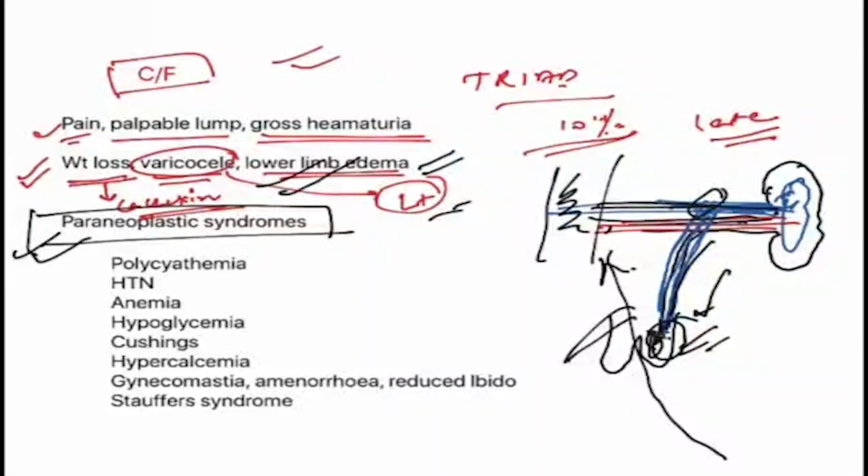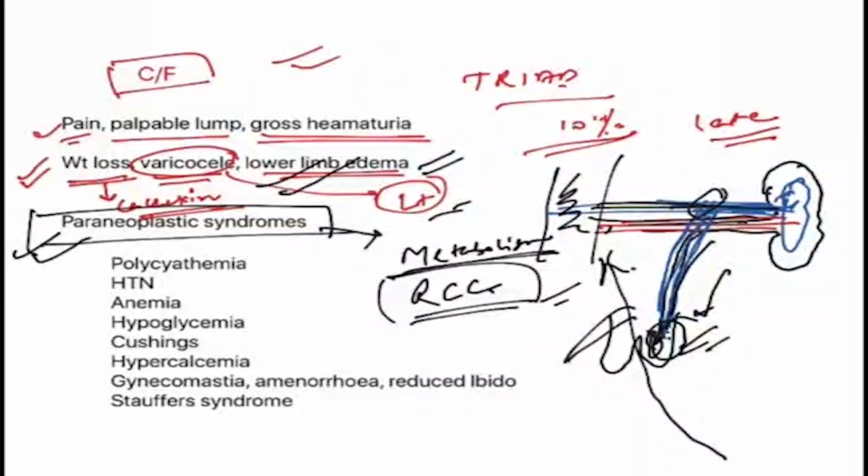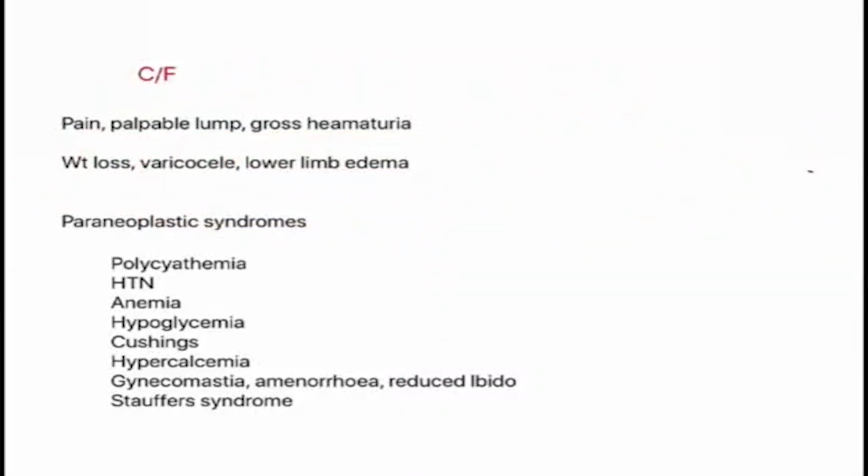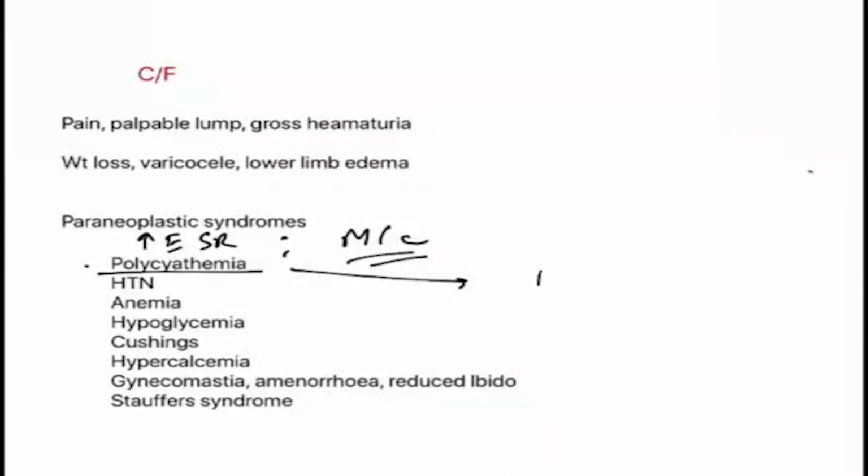Besides these, other clinical features are of paraneoplastic syndrome. Paraneoplastic syndromes are due to metabolites which are released from renal cell carcinoma and have different effects. The common paraneoplastic syndromes are increased ESR, which is the most common.